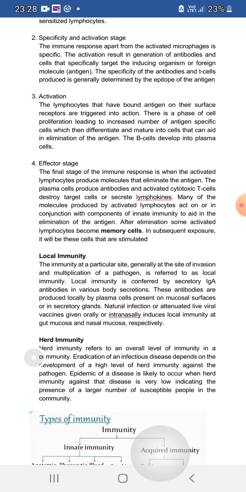Herd immunity refers to the overall level of immunity in a community. So when we have many people who are immune or who are resistant to a particular disease, then we have good herd immunity. But if we have few people who are resistant to a disease, then we have low herd immunity. When the herd immunity is low, then the disease spreads much more in the community than when it is high, because many people are susceptible and carry it on to other people.